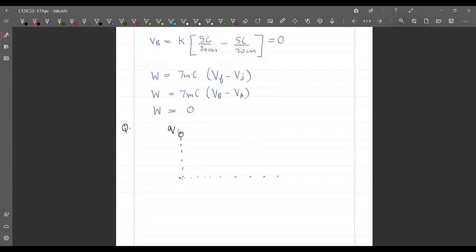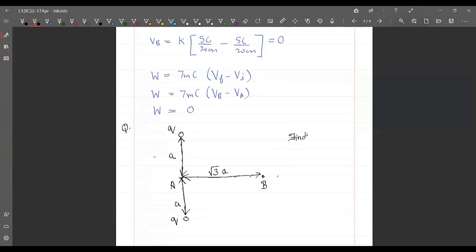Suppose you have a charge Q here and another charge Q here. This is point A and this is point B. This distance is A and this distance is also A. And this is given to you as root 2A, or let us take it root 3A.